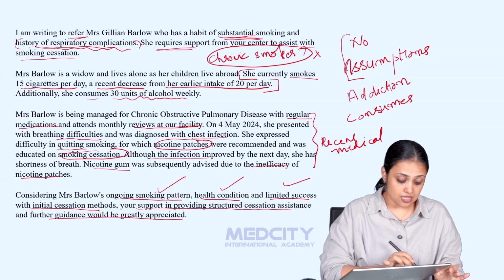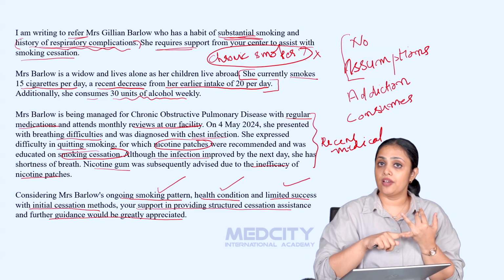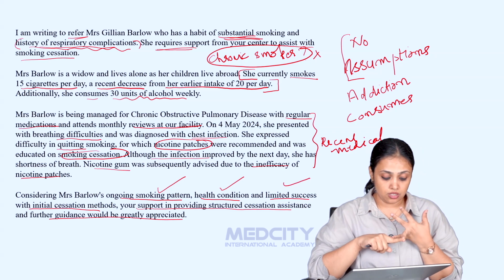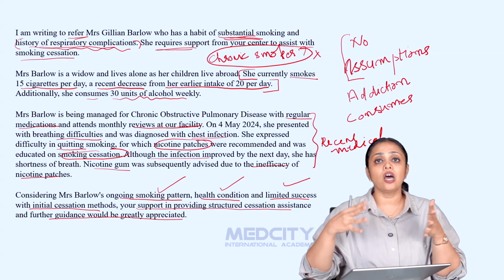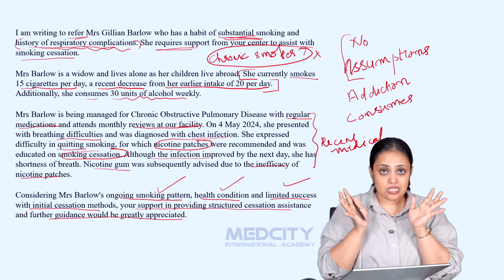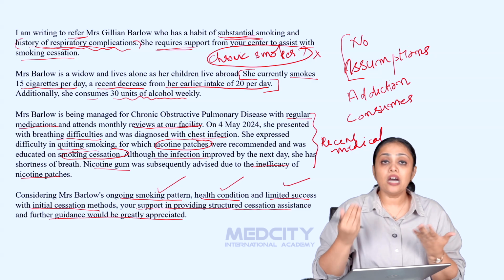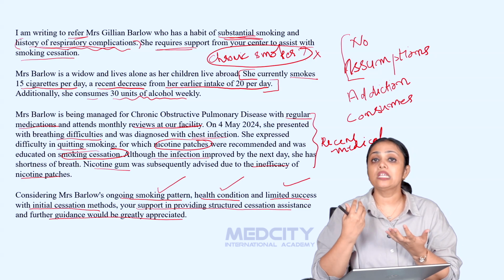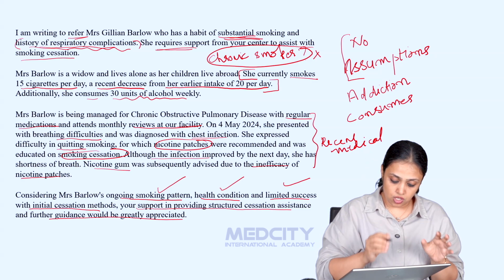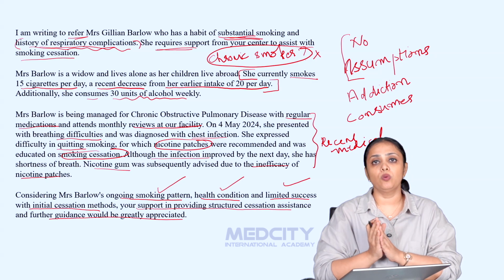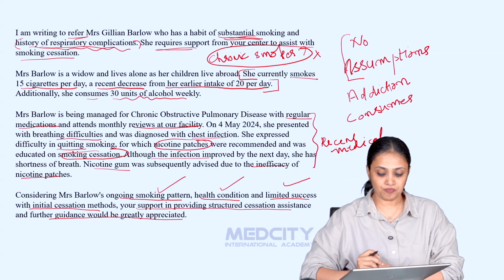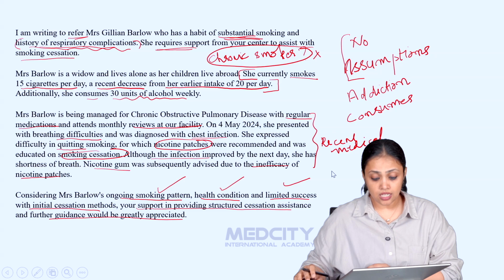And limited success with initial cessation methods. That is, we have tried nicotine patches, then we have gone with nicotine gum. So all those are not being successful. Because of these circumstances, you are seeking the help of the reader. You are making it clear to the reader that because of all this, please provide a structured approach with smoking cessation. Okay, I hope that is clear.